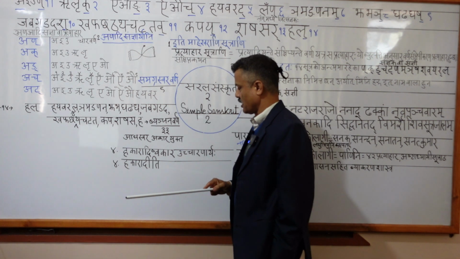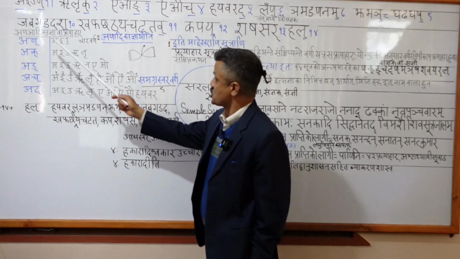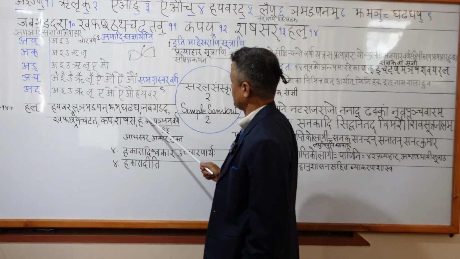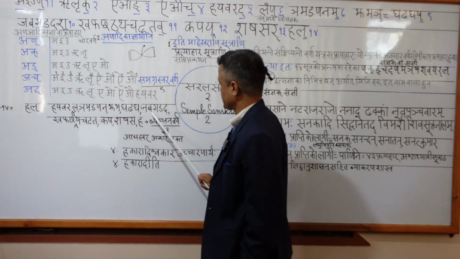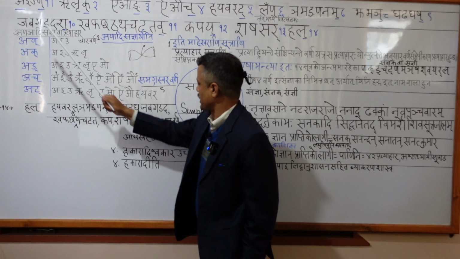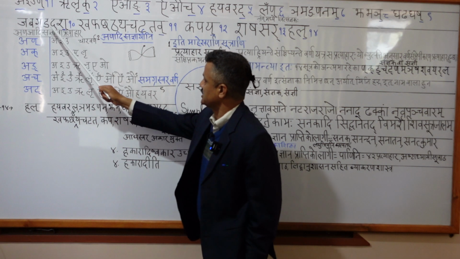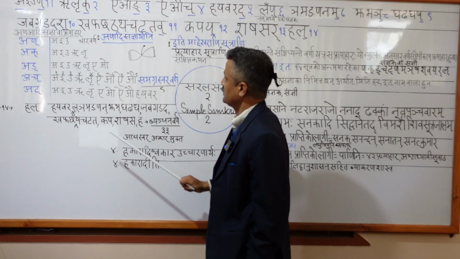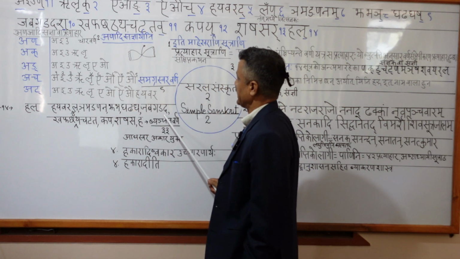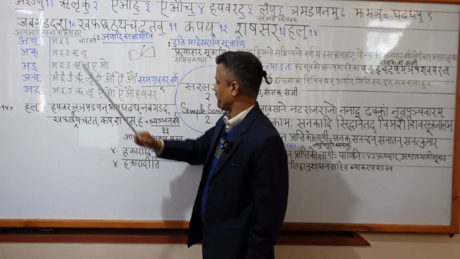Then Gha from group 9, Dha from group 9, Dha from group 9, and you omit Sa. We also pronounce it Ka. Then Ja from group 10, Ba from group 10, Ga from group 10, Da from group 10, Da from group 10, and you omit Sha.